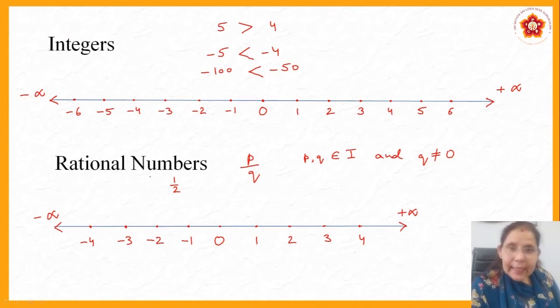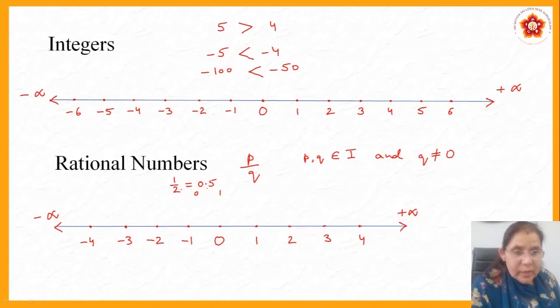If you can directly answer it, it's good. If you have difficulty in answering it, you can always write it in decimal form, 0.5. And now from here it would be clear that 0.5 lies between 0 and 1. So 1 upon 2 lies between 0 and 1.